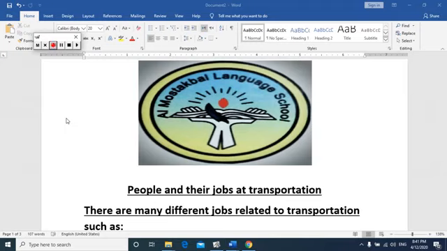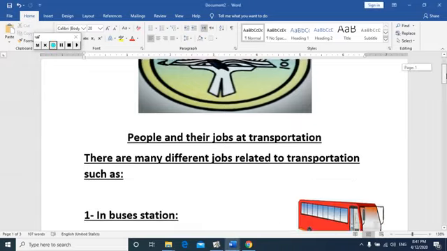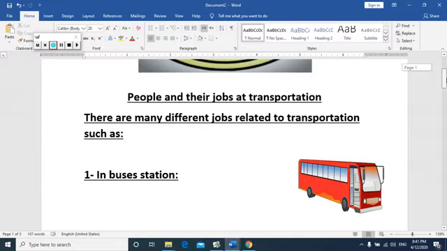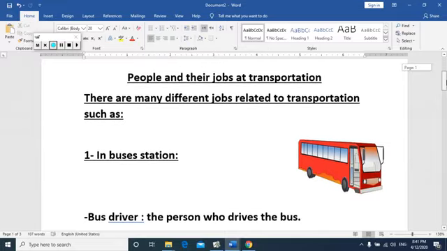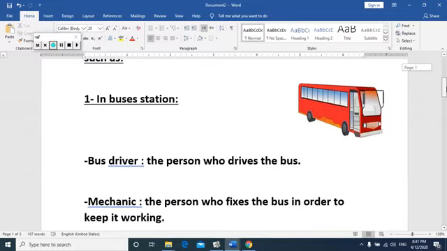And now let's make a closure for our lesson, people and their jobs in transportation. There are many different jobs related to transportation, such as number 1, in the bus station, bus driver, the person who drives the bus, and the mechanic, the person who fixes the bus in order to keep it working.